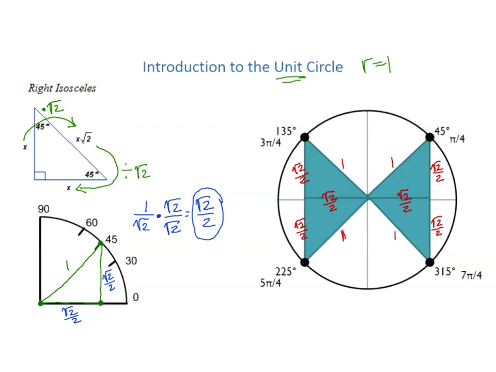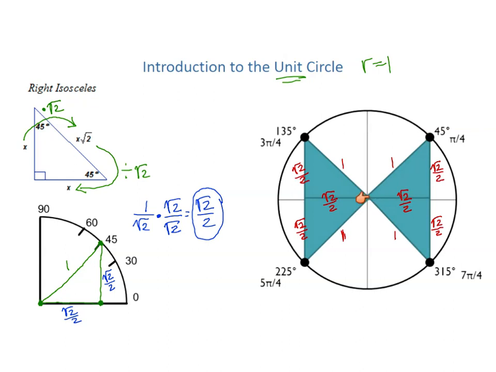So why am I doing this? Well, the reason I'm doing this is so that I can write a coordinate for this point. I know that this point is 1, 0. I know that this point is 0, 1. But in order to get to this point and write the coordinates, I need to know how many over and how many up I need to travel to get to this point.